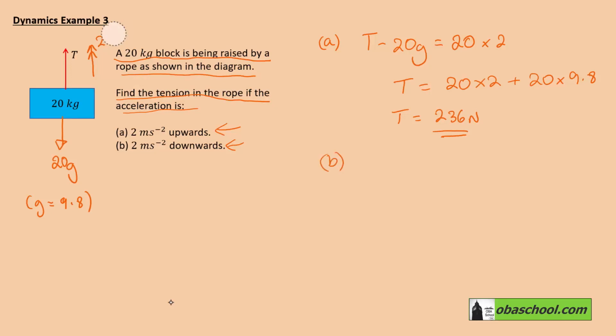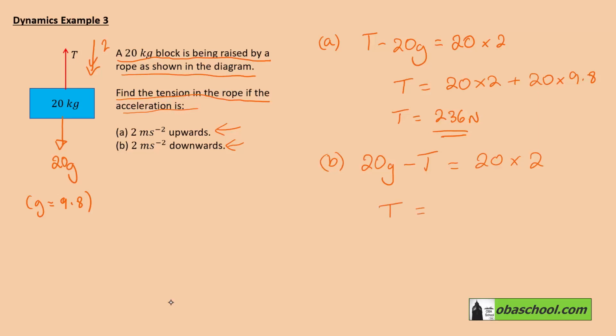In part B, the acceleration would be in the opposite direction. Therefore, we would have 20g minus T as the resultant force, and that would be equal to the mass times the acceleration.